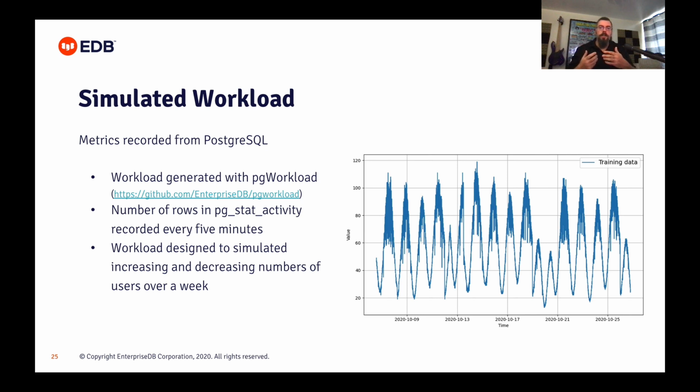But one that was simulating the real life up and down workload that you would see on a system over a period of time. For example, you can see at a couple of points there are lower peaks of numbers of users. So that would be at the weekend when there are fewer users on the system on a Saturday and Sunday.